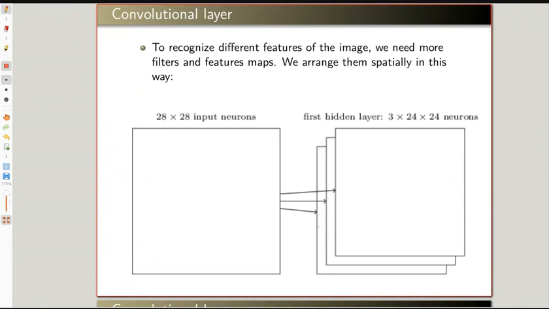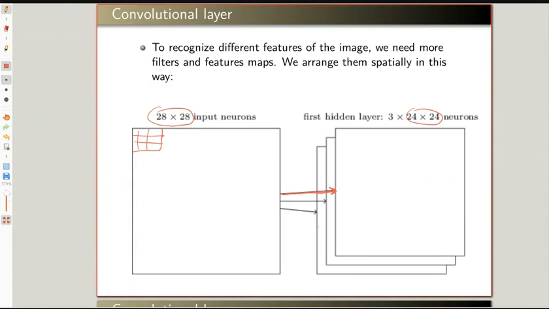What I described to you up to this moment was just this map, one of these three arrows. I described to you how to map a 28 by 28 image using a 3 by 3 receptive field to a 24 by 24 image.